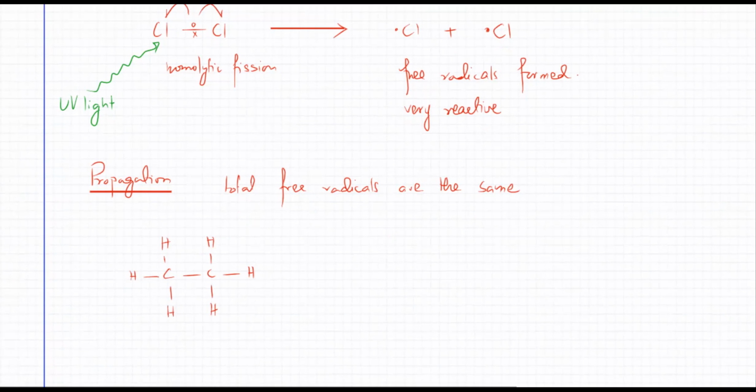The Cl radical is going to try and gain electrons. The Cl radical will try and pull the hydrogen atom's electron towards itself and bond with it, because the Cl is looking for an electron. It needs 1 electron.